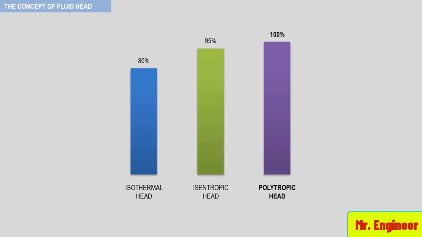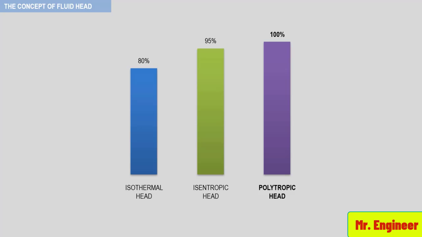And finally, that polytropic head most closely approximates the actual compression path. I'm aware that at this moment, the definition of polytropic head is confusing and difficult to understand if not investigated further. For this reason, we'll get back to it later on. But for now, let's first take a closer look at the different ideal gas head equations.